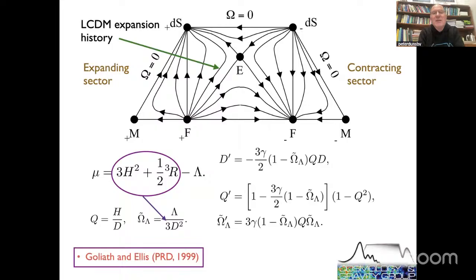particularly easy. So here we have a very nice result due to Goliath and Ellis back in 1999, where they were able to write down the cosmological equations in autonomous form by compactifying the phase space, using the Friedmann constraint to identify a normalization parameter d, which allows one to compactify the phase space for the dynamics.